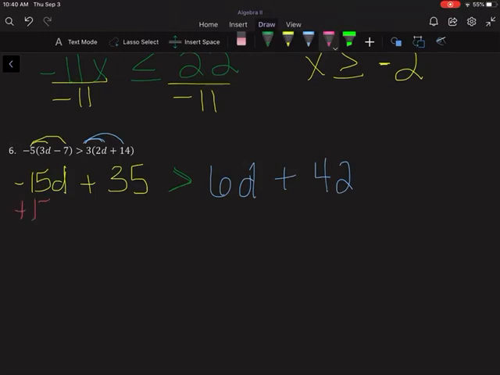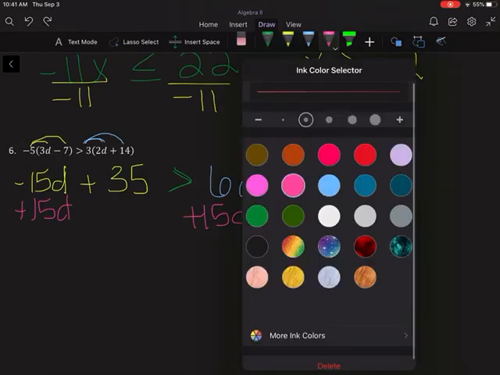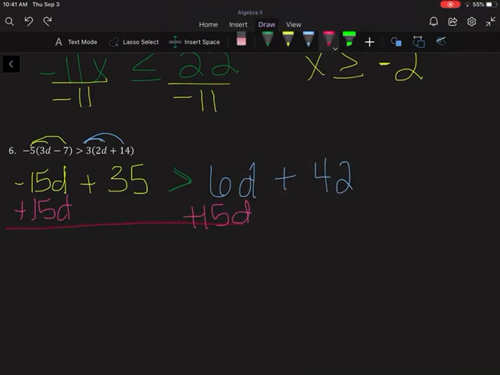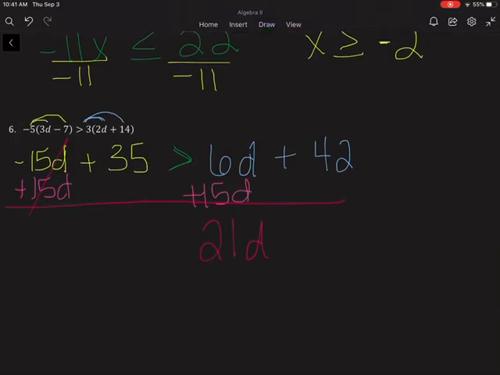All right, now combine like terms. I think I'm going to add this 15d over to this side just so I get something nice. So I have 60 plus 15d is 21d.